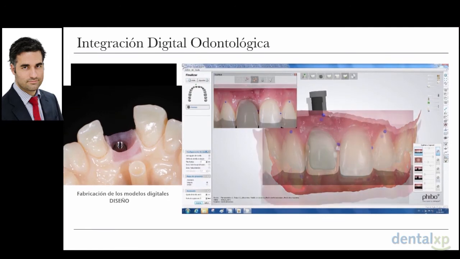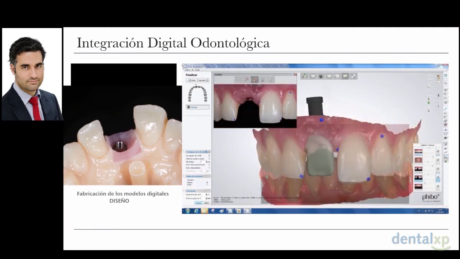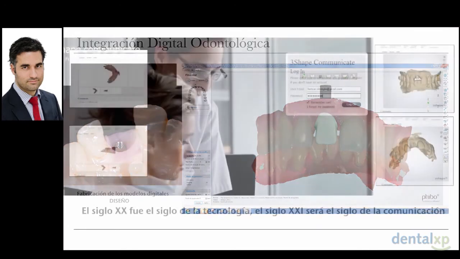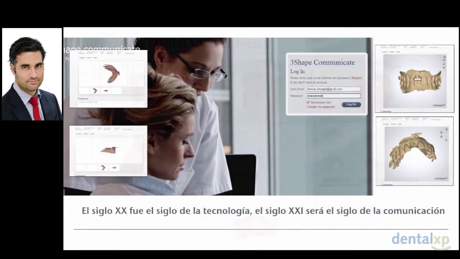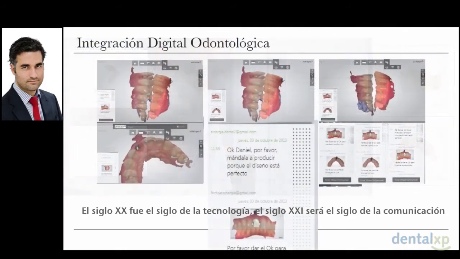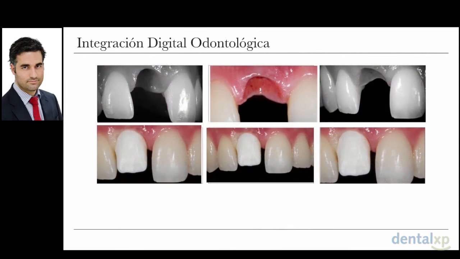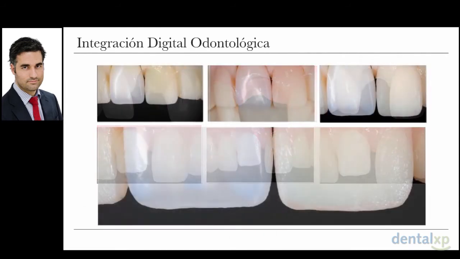You can design the definitive prosthesis, which is going to be zirconia, and once it is designed, it was sent back to me, and I can say, okay, Daniel, you can send the order to the milling center to do the restoration. So that's what was done.